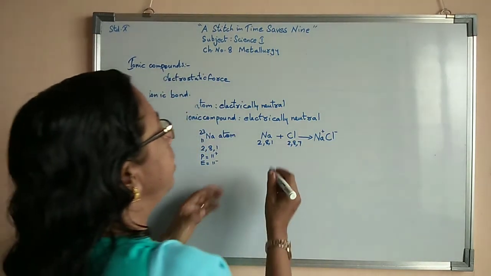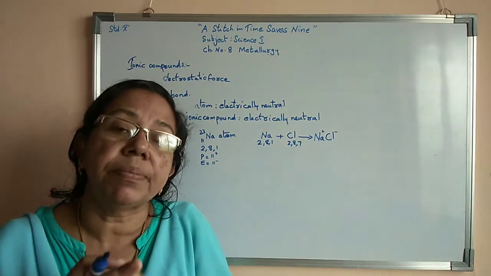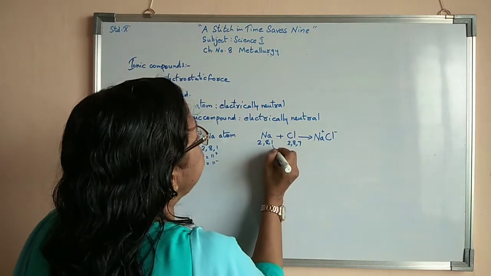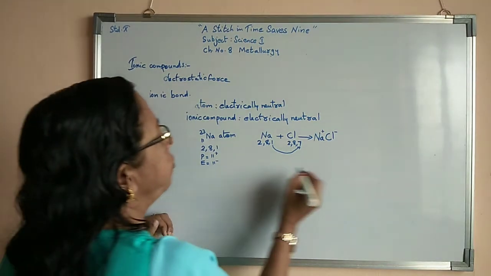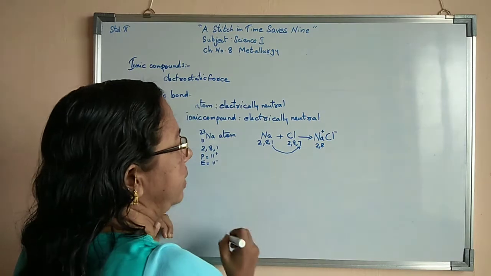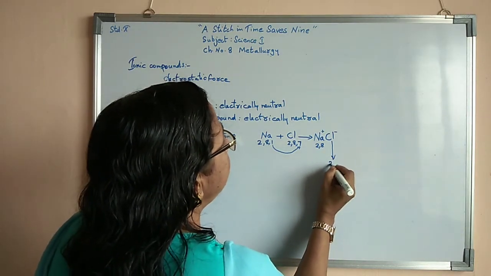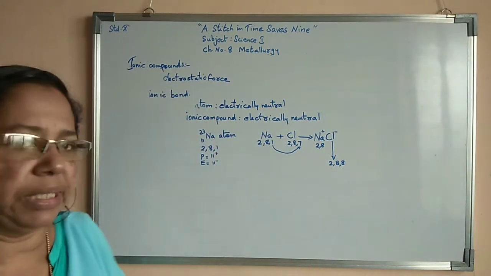Now what will happen as and when this sodium atom and chlorine atom come close by? The sodium atom gives away its outermost electron to the chlorine. As a result, in the sodium ion 2, 8 electronic configuration will be there. In the case of the chloride ion, 2, 8, 8 electronic configuration will be there.